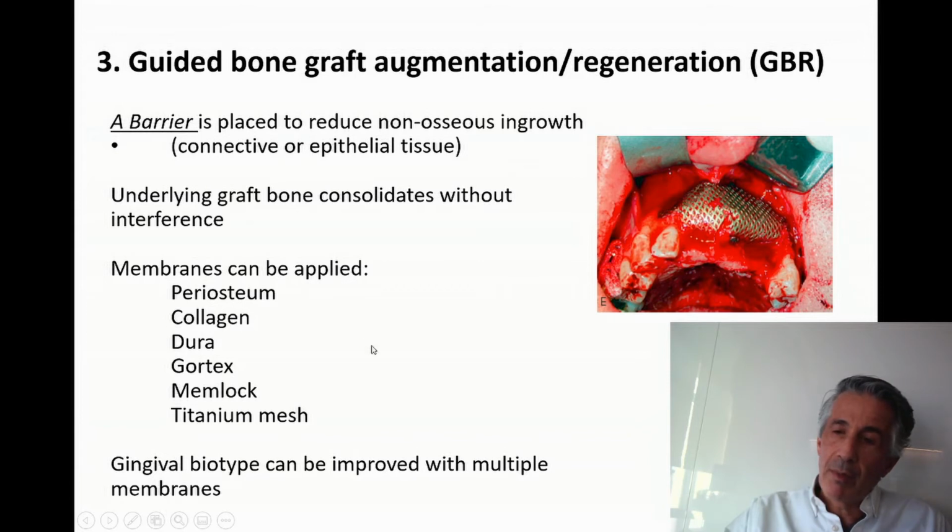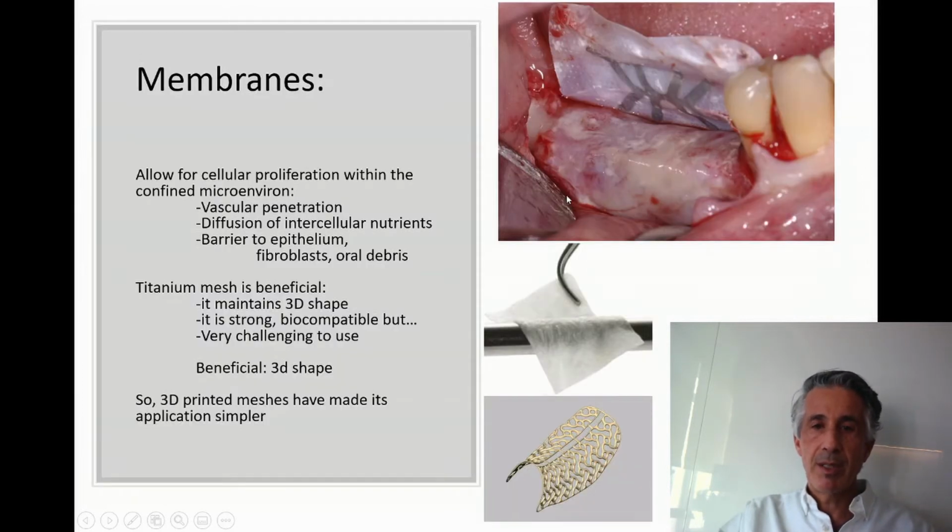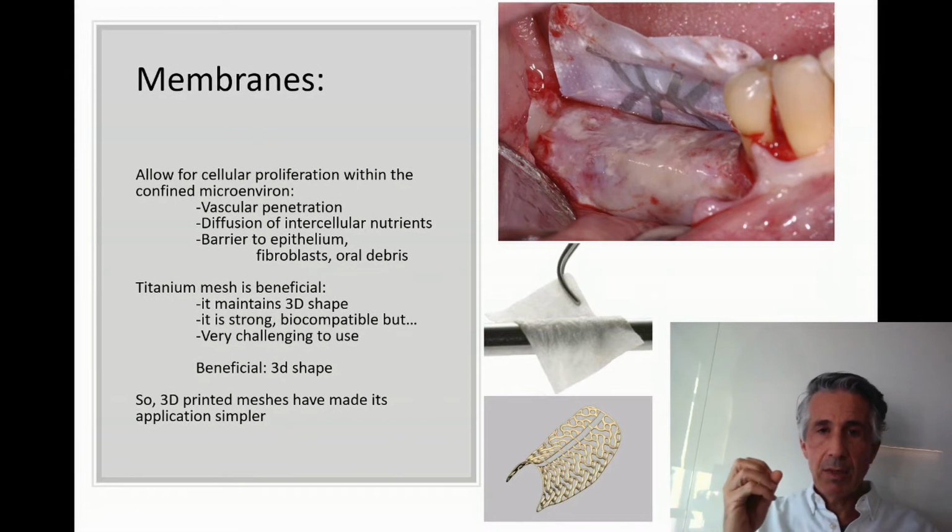Also, these membranes act as a barrier for the bone, but they help the overlying gingiva by improving the biotype sometimes. So these membranes will let fluid, oxygen, carbon dioxide release. There is a porous membrane to it, but it stops any cellular exchange.